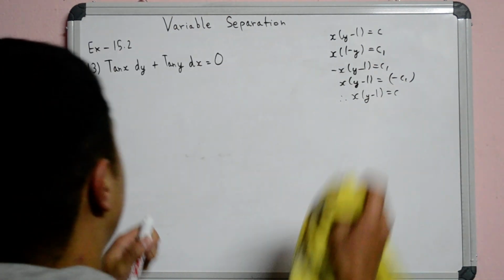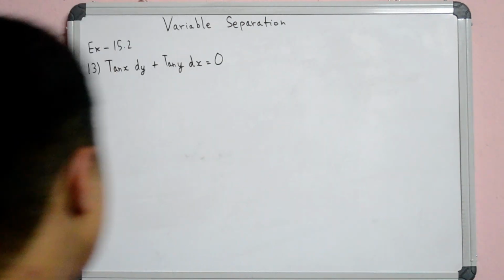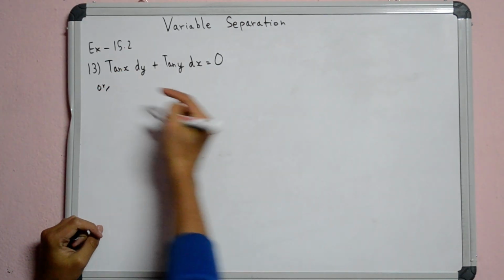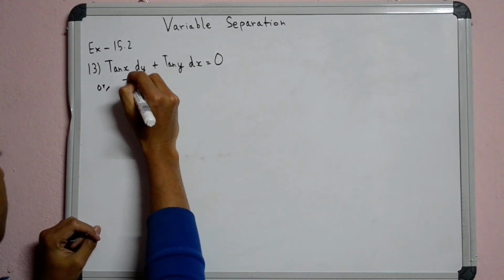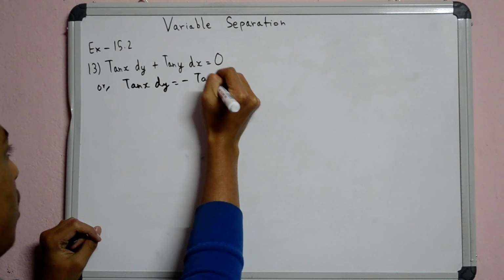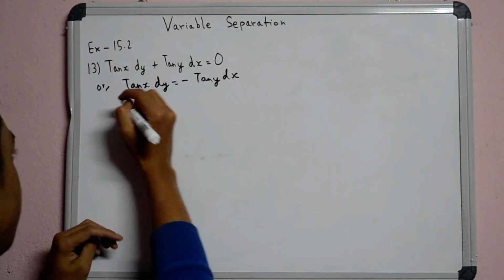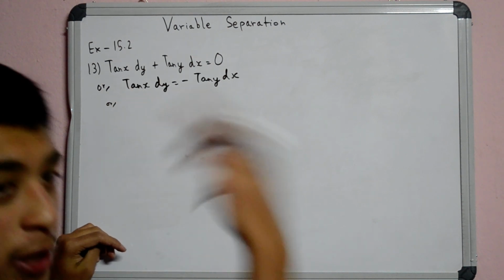Now let's move on to question number 13. So like in the previous video, let's separate the d's first. So tan x dy is equal to minus tan y dx, and put the y's and x's together separately, of course.